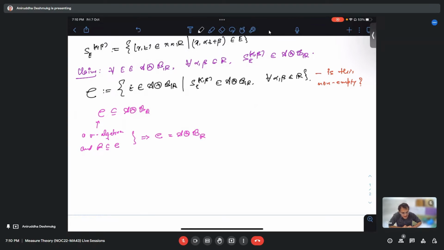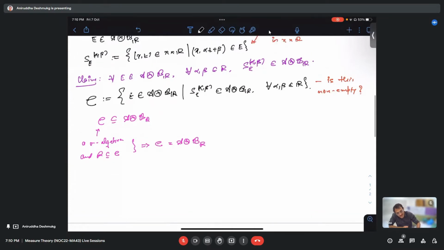No, but see, what I'm saying is you collect all those E such that S E alpha beta is inside A cross B for every alpha beta, right? So the choice of alpha beta is not in our hand. So the subset of C in itself is contained in C. Yes, C is a subset of itself, from set theory.